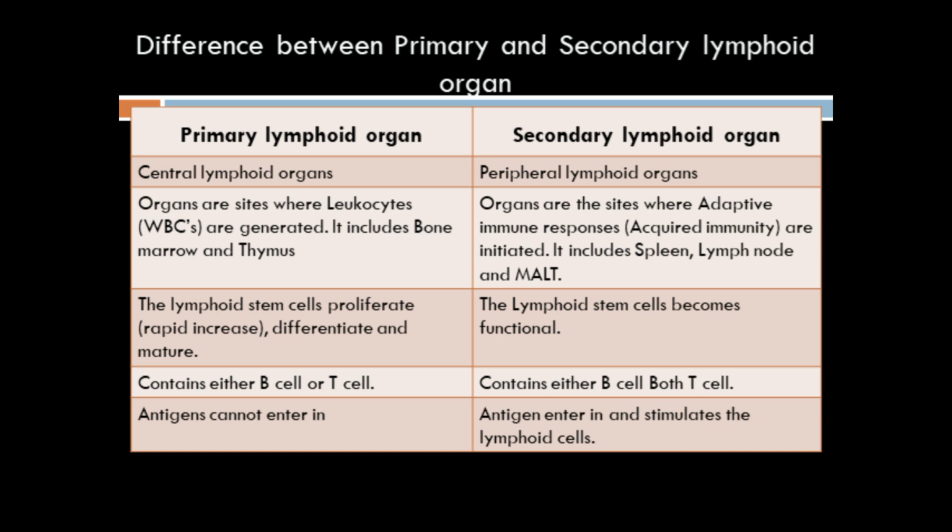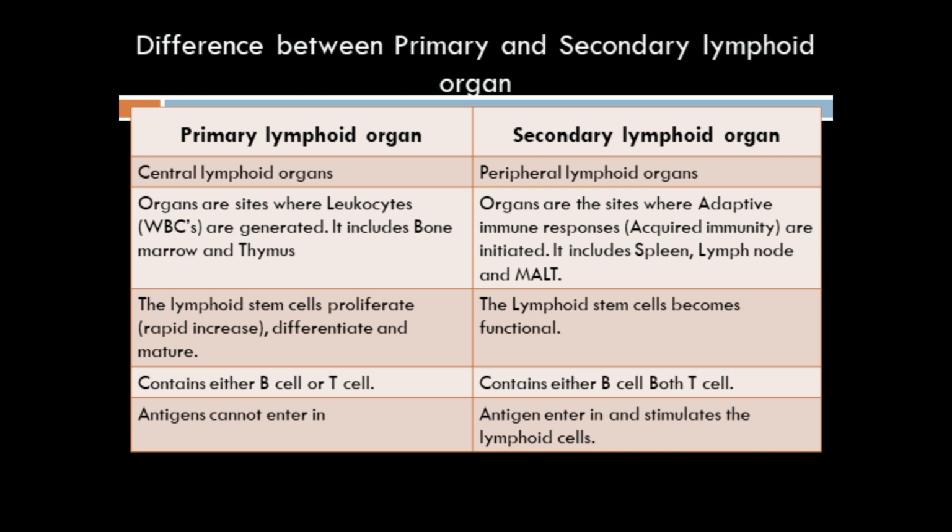In the primary lymphoid organs there is production and proliferation; here they are functional, and it contains either B cells or both B and T cells, right? Then the antigen enters and stimulates the lymph cells.